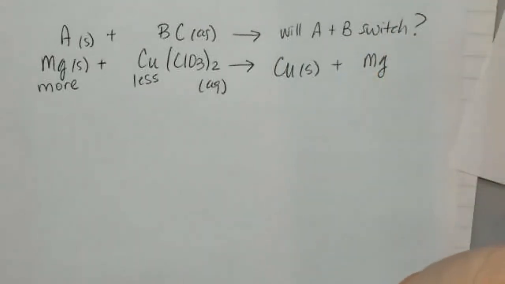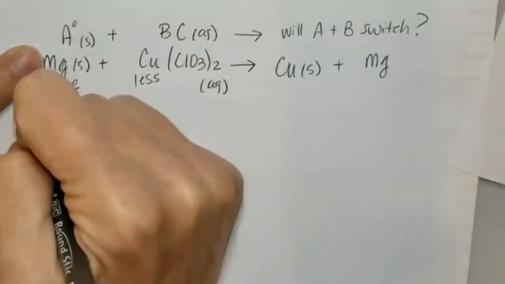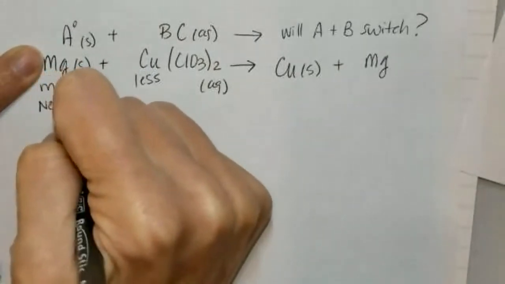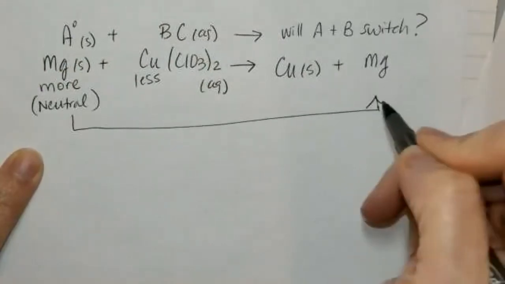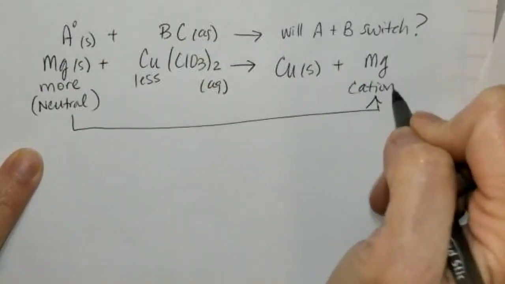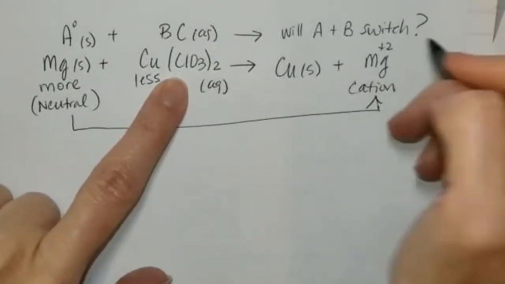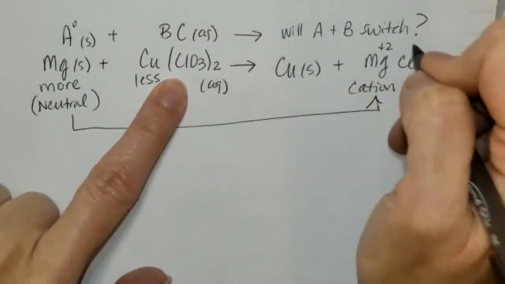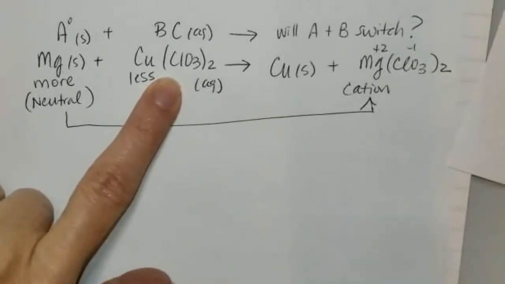So when we break this down in a redox way, your element that starts out alone is your neutral. If a reaction occurs, the neutral becomes the cation. So magnesium here becomes +2. I'm going to partner it with the chlorate just for charge balance, which is -1, so I need 2 of those to balance the Mg.